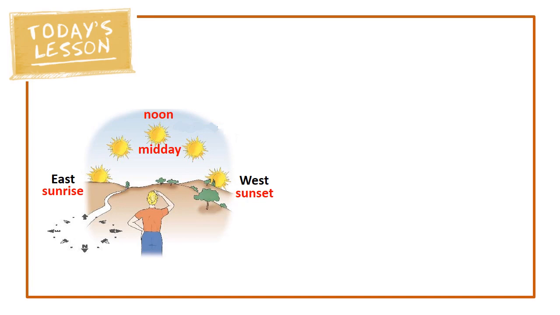What time of the day is the shadow the longest? We have two possible answers. We have early morning, that is during the sunrise, and late afternoon, during the sunset. How about the time of the day where the shadow is shortest? Yes, we have at noon or midday.